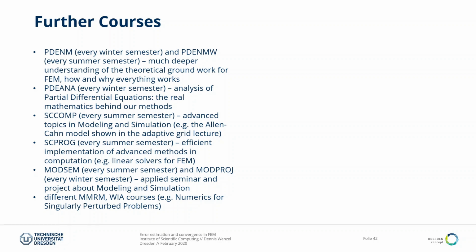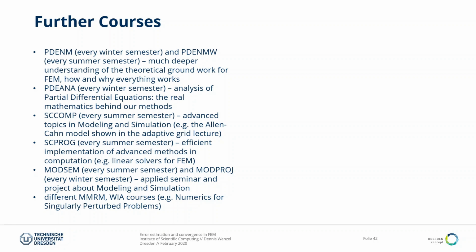And then some courses from our own institute. So the course Scientific Computing, which is taught every summer semester, is talking about advanced topics in modeling. For example, this Allen-Cahn model, which I've shown you in the adaptive grid lecture, so this phase separation process, that has been a topic of this SciComp course in the last years, but also other modeling topics.